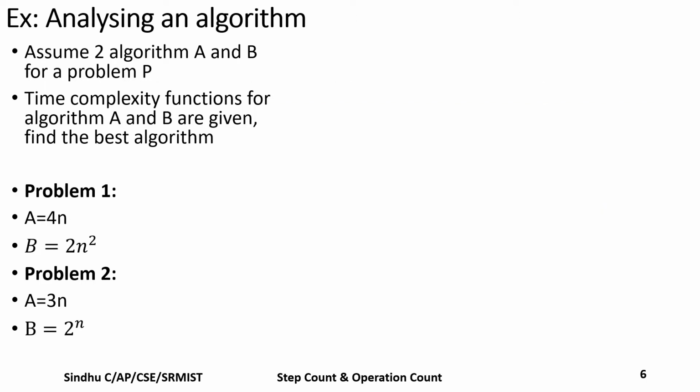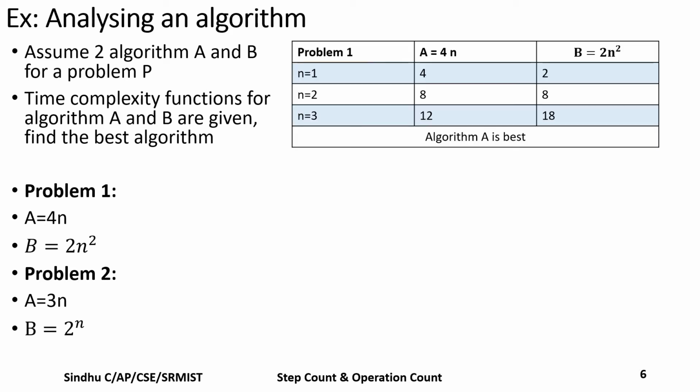Here we have another example where we have two algorithms. We have to identify the time complexity. Now, this is a very simple algorithm. The first algorithm is the statement A is equal to 4n, and the second algorithm is B is equal to 2 into n power 2. Now, just give some values for n.